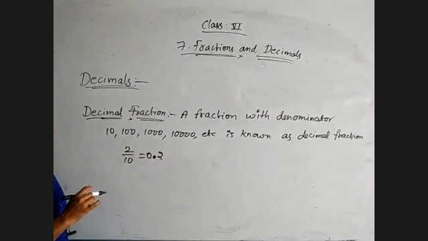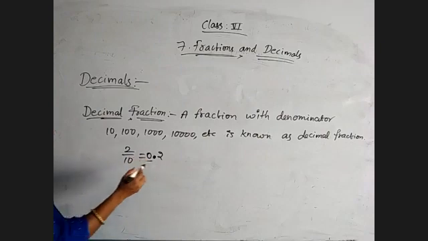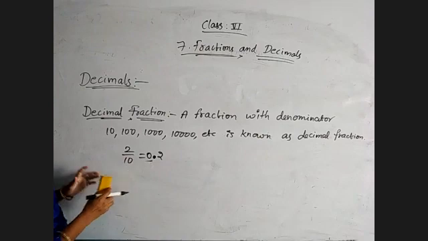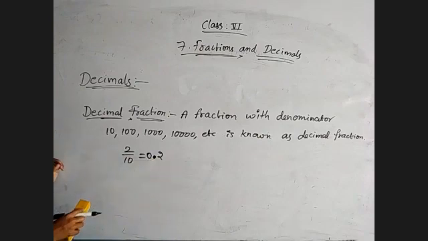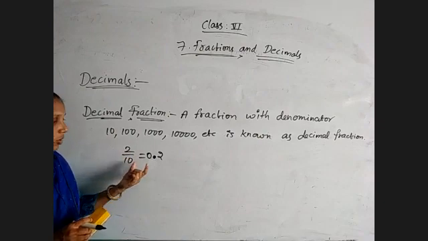This point is known as the decimal point. Before the decimal point, one portion is there. That part is known as the whole number part. After the point, some digits are there. All that part comes under the decimal part. So every decimal fraction we can convert into a decimal number without performing anything.